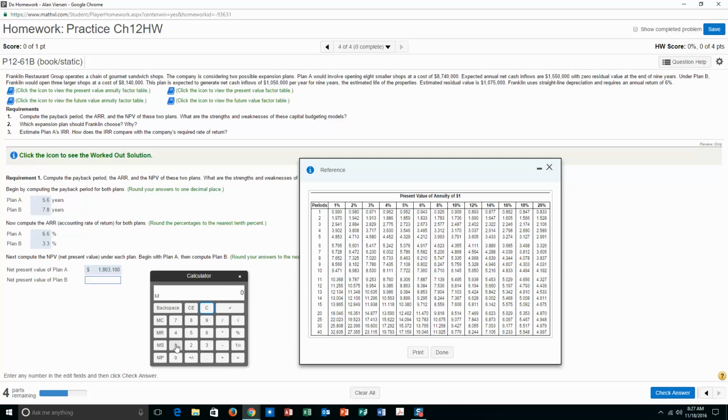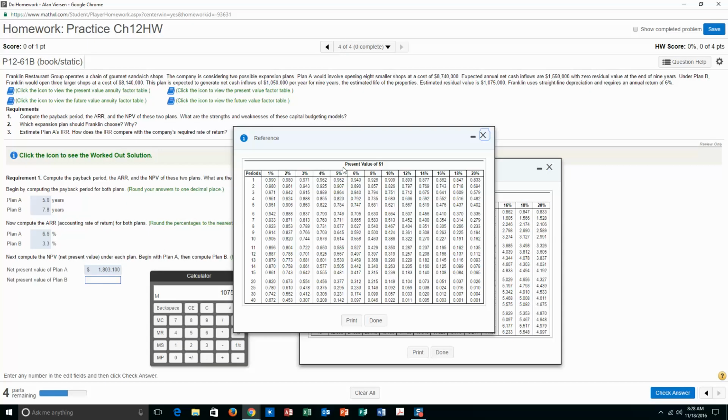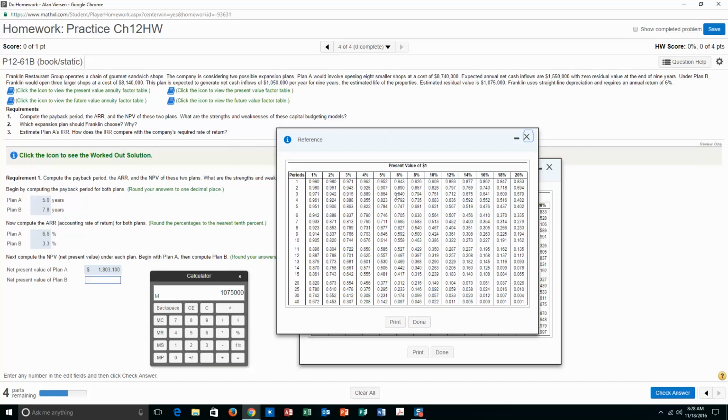The present value of the residual value of 1,075,000, 1, 2, 3. And for that, I need the present value of a lump sum or a single dollar amount. So I'll open this up. 6%, 9 years.